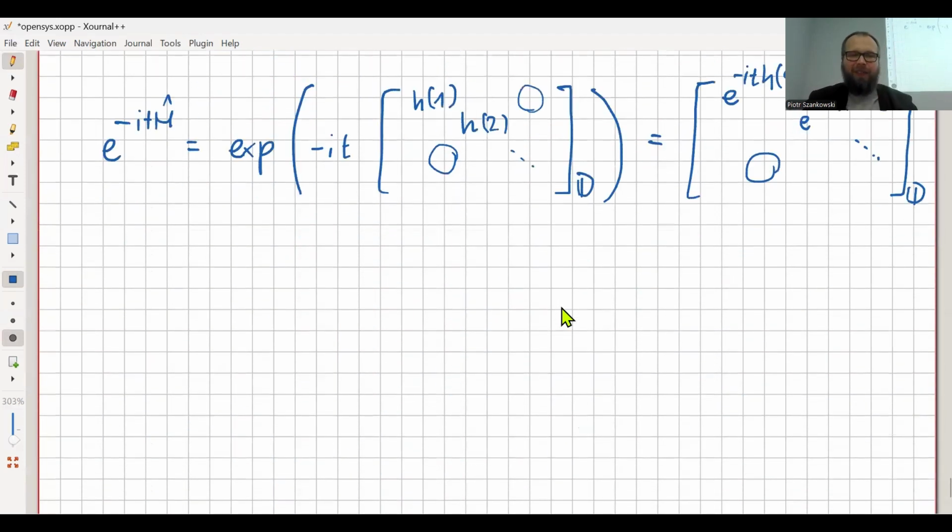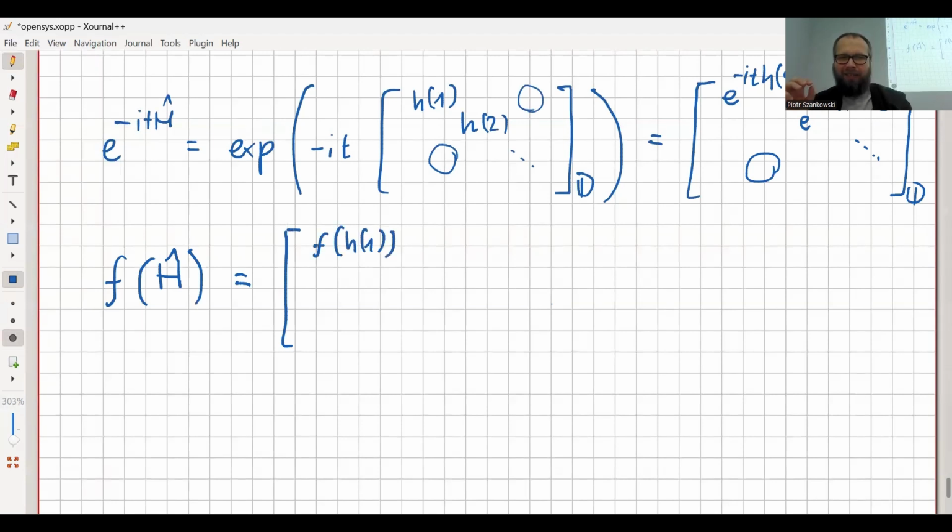If you have some function f of H, a function that you can express as a Taylor series, so an analytical function, then you can always write it as f of H1, f of H2, and so on, in the basis of eigenstates of the operator.